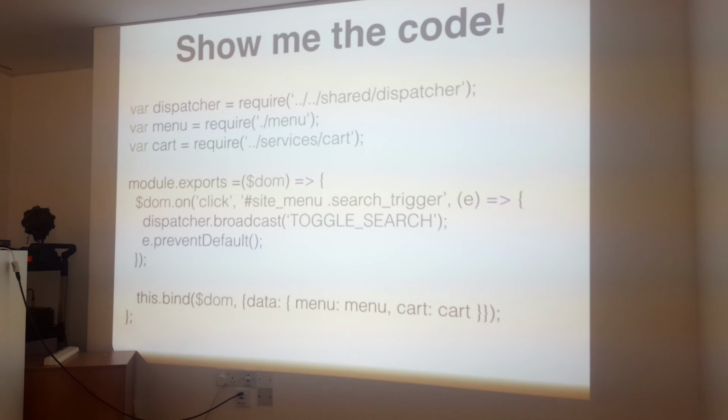So how a widget is created, basically, it's really similar to a component. The difference is you're going to have a DOM object inside instead of data because you're going to attach to a DOM object. And you can either go directly and use the native JavaScript or jQuery like events.